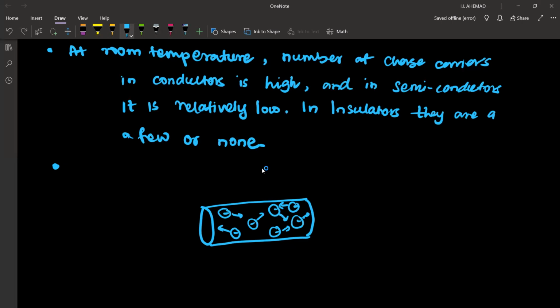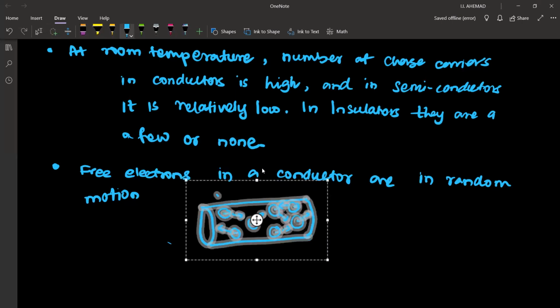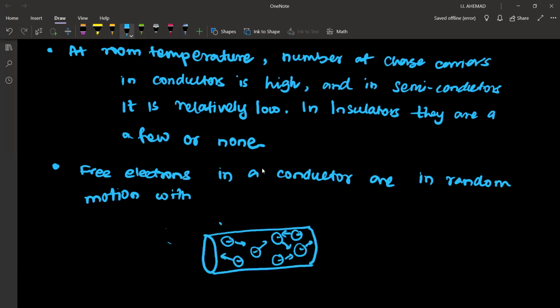So right now, the free electrons in a conductor are in random motion, without any specific direction. They move in the direction they want.